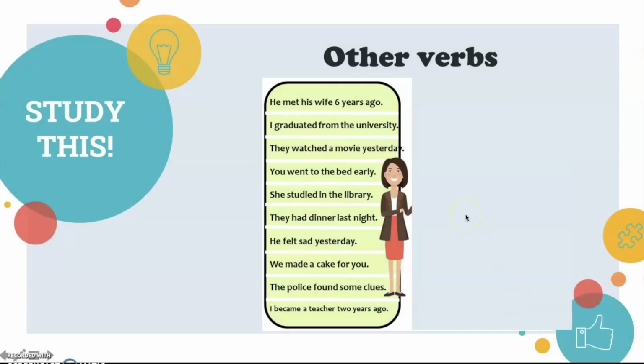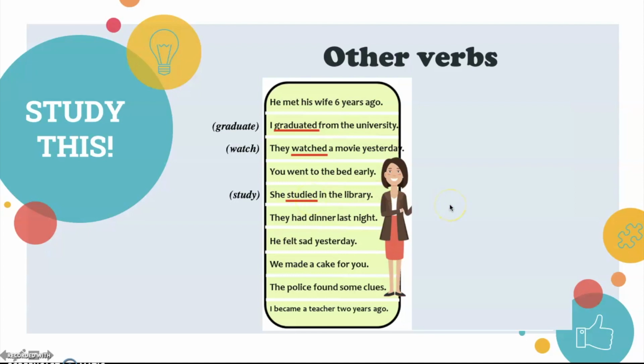Now, let's study the other verbs in the past. When we talk about other verbs in the past, we have to remember that in simple past we have regular and irregular verbs. For example, graduated, watched, and studied are examples of regular verbs in the past. They are regular because we only add the ed at the end of the verbs.